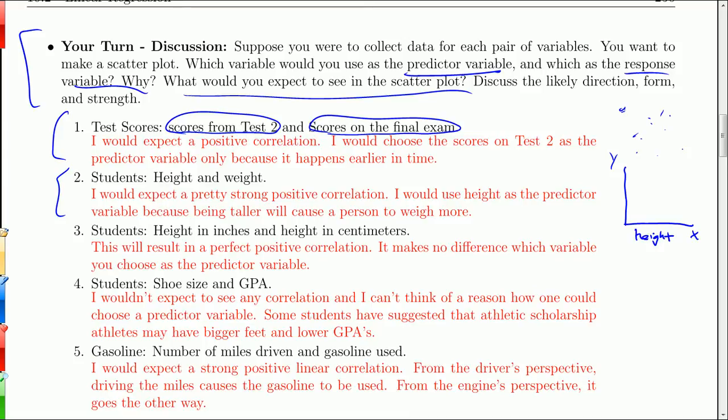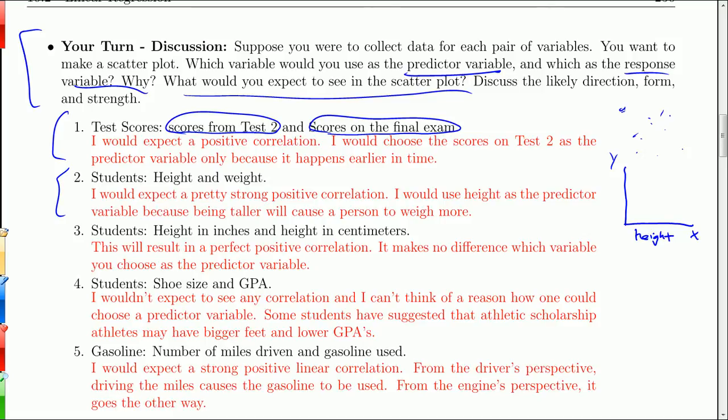Just because if someone is taller than somebody of the exact same stature who is shorter, the taller person is going to weigh more. So being taller does in fact cause you to weigh more, whereas weighing more does not necessarily cause you to be taller. And there's going to be plenty of exceptions to this rule.